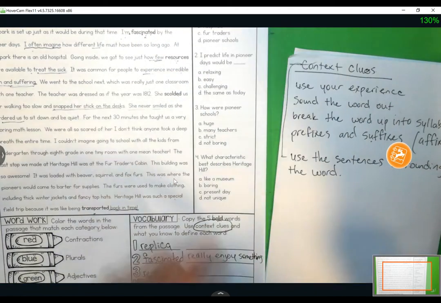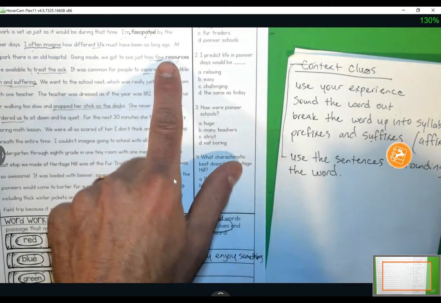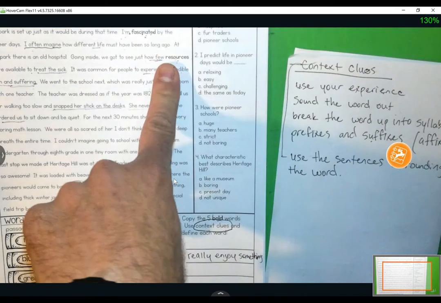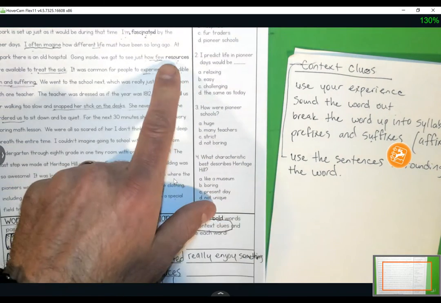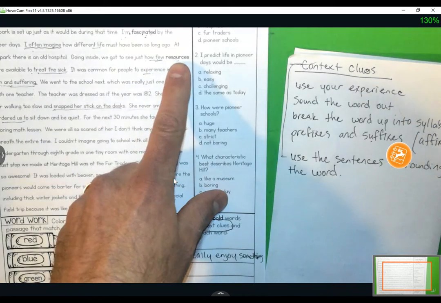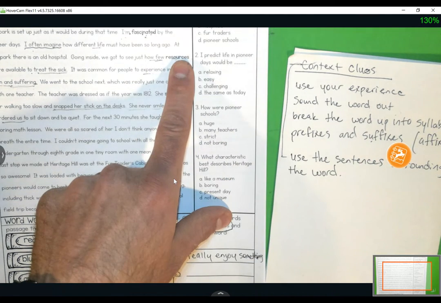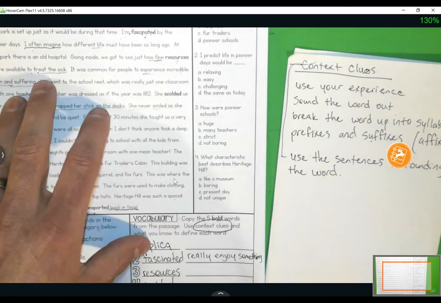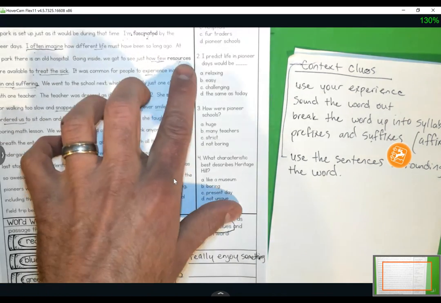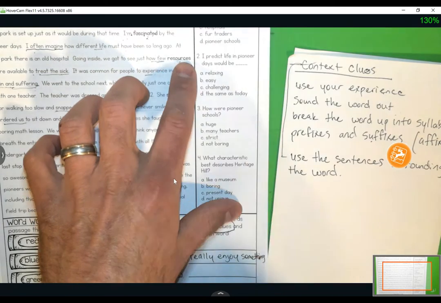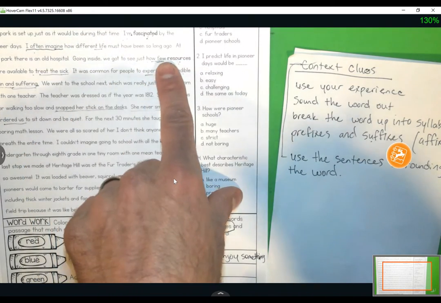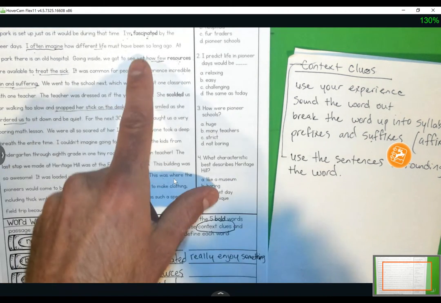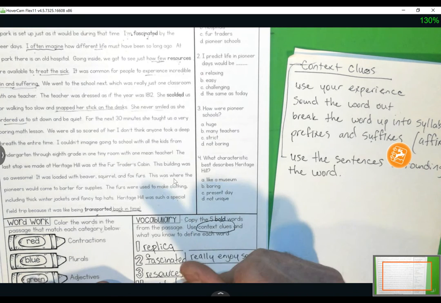Resources, 3 syllables, one of them being the prefix re, to reschedule, to redo, to reimagine, or to use again. These sources are things that have been used for something else, but now we get to use them again to help treat the sick. And there were very few of them. Resources.